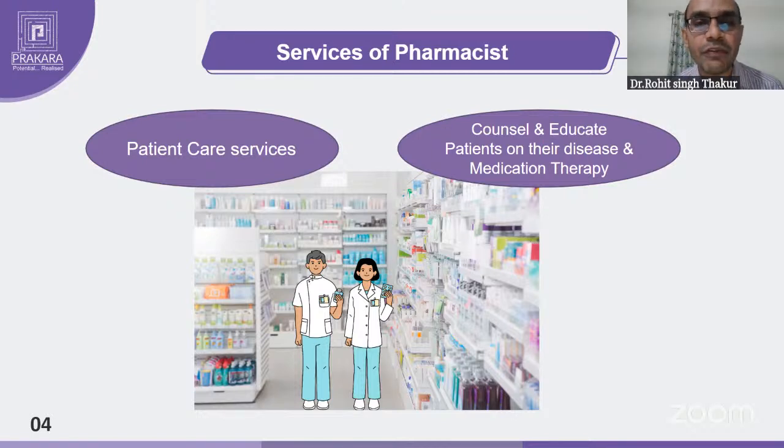You also give appropriate direction in the proper method of taking a medication, and discuss the medication therapy, with what suitable dosage form and instructions the patient has to take.